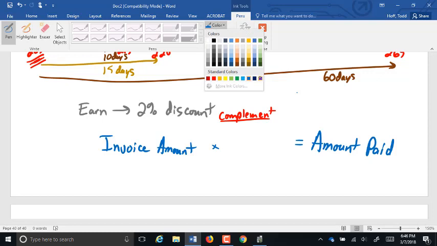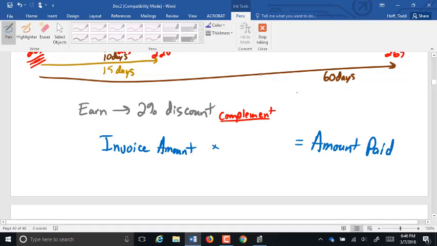What do we mean by that complement? Well, 2% would give us the discount if we found 2%. If there's a 2% discount, what amount is paid? What percent?